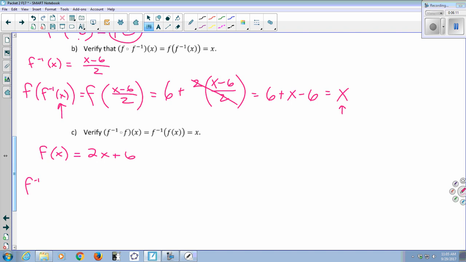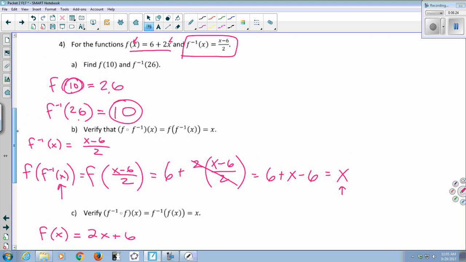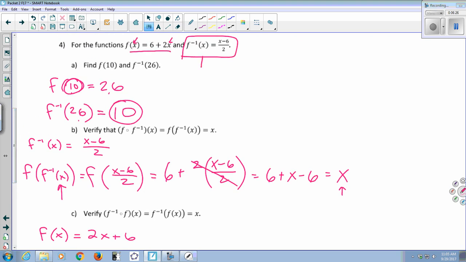So f inverse of f of x is really f inverse of 2x plus 6. What that means is in your f inverse formula, you have to replace every x in the formula with a 2x plus 6.